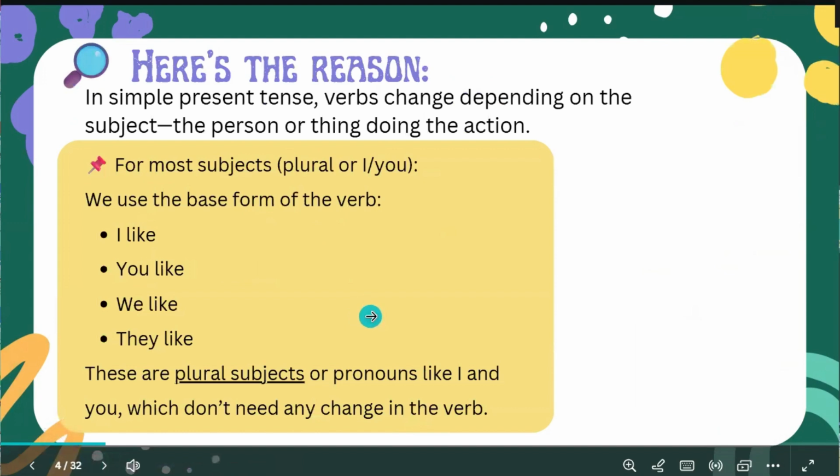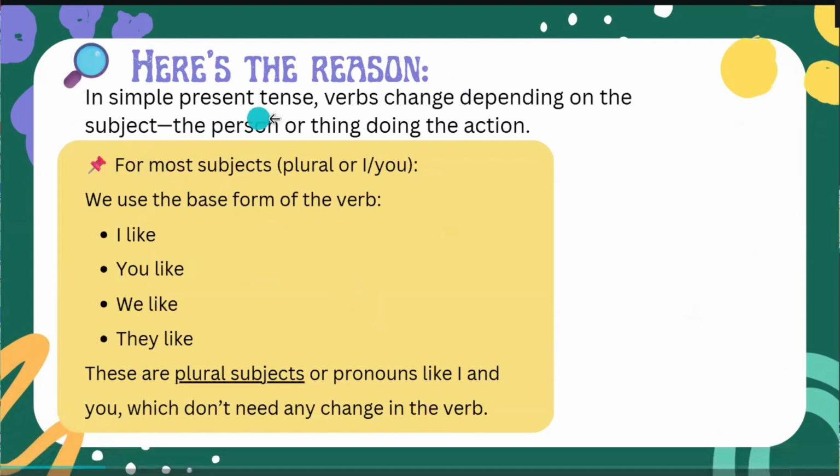So here is the reason. In simple present tense, verbs change depending on the subject, the person or thing doing the action. So for most subjects, like we, they, including I and you, we use the base form of the verb. So when you say base form of the verb, ito yung verb na wala pang na-add or nabago.